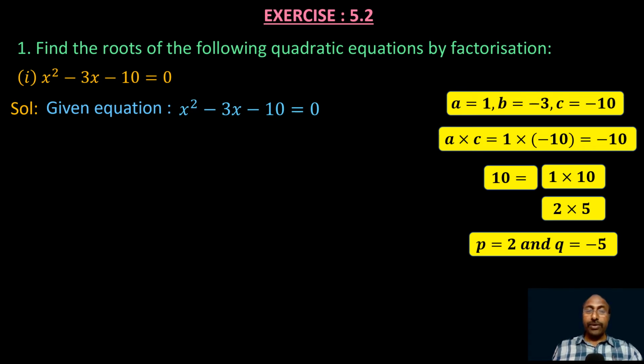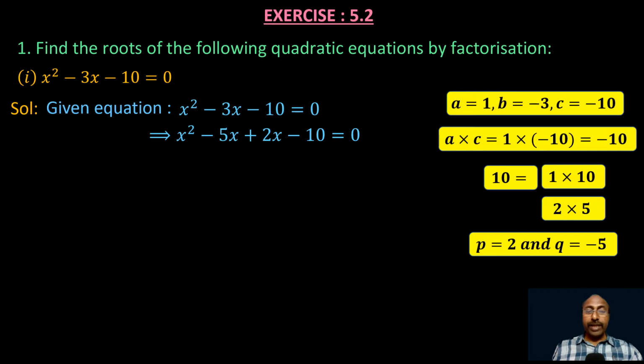So now we can split the middle term minus 3x as plus 2x minus 5x or minus 5x plus 2x. So let us write it. So the equation can be written as x square minus 5x plus 2x minus 10 equal to 0, where p equal to 2 and q equal to minus 5.